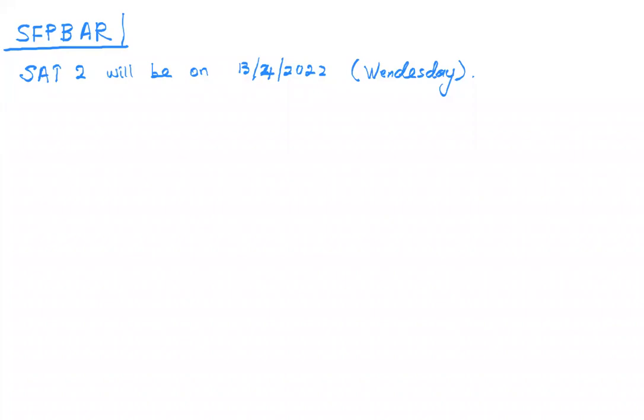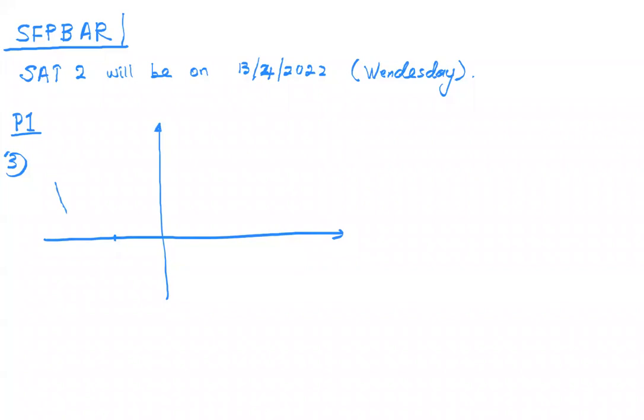So this is the graph of f(x). Let's not look at the question first. Let's ask ourselves, if you are given this curve, there is a point.